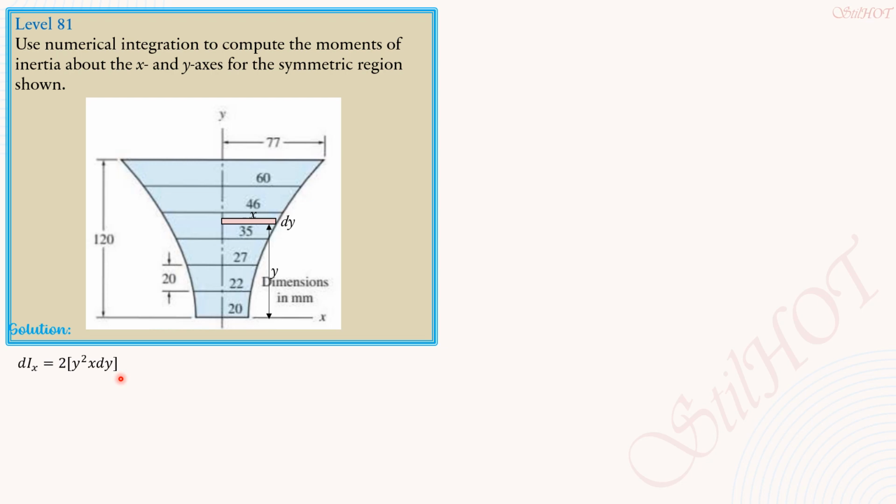Where dy is delta y, which is 20 in the Simpson's 1/3 rule. So differential Ix therefore is 2 times x y squared dy. From Simpson's 1/3 rule, there is the formula for the area of the region by approximate integral, which is equal to d over 3 quantity h sub o plus 4 times summation of h odd plus 2 times summation of h even plus h sub n.